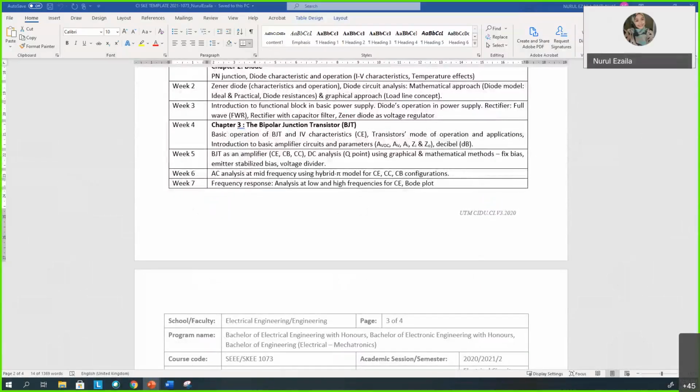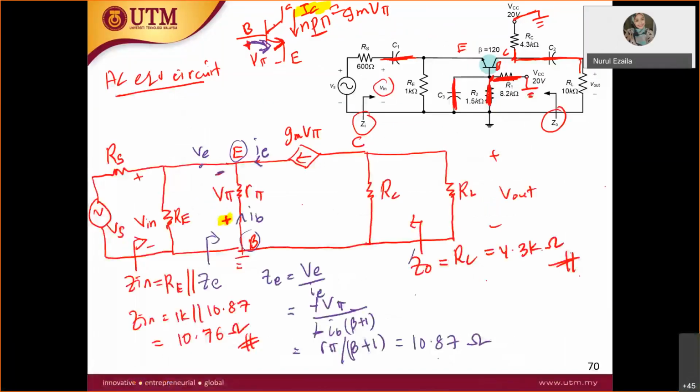Please try the example, just one, the one on low frequency. All right Bezen, let me go to page 70 straight away. This one? Yes, this one.